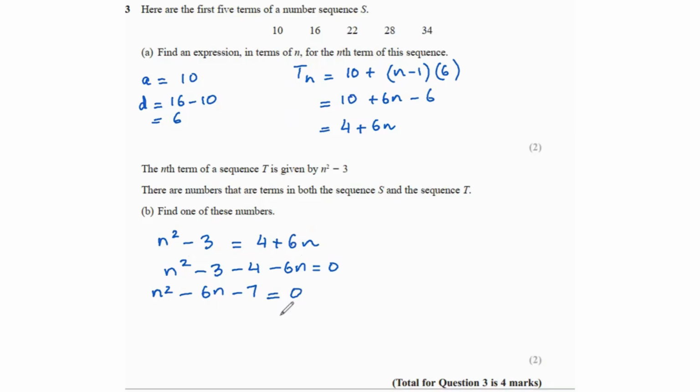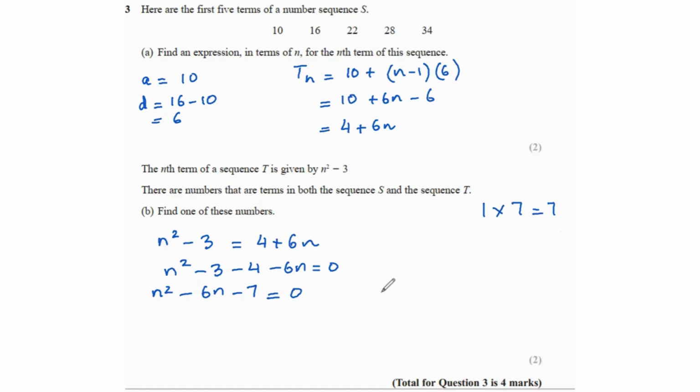We have a quadratic equation. So what we need to do is solve this quadratic equation. You can use the quadratic formula or splitting the middle term, whichever you find easy to use. I'm going to use splitting the middle term. For splitting the middle term, we multiply the coefficient of n squared with the constant. So 1 times 7 is 7. Then you find factors of 7. Factors of 7 are only 1 and 7.